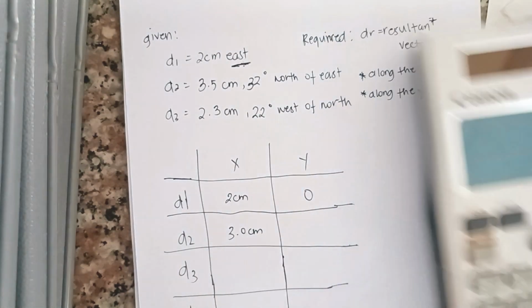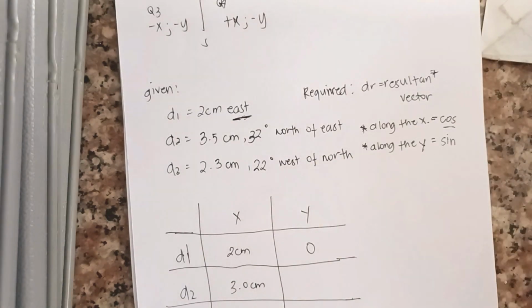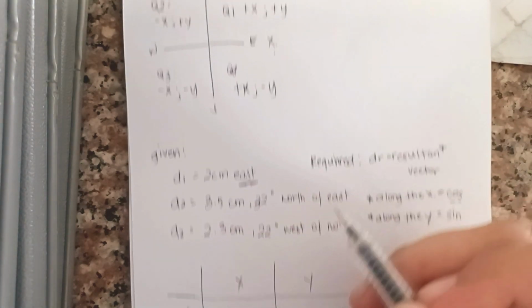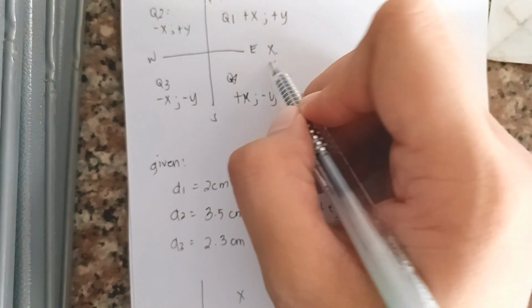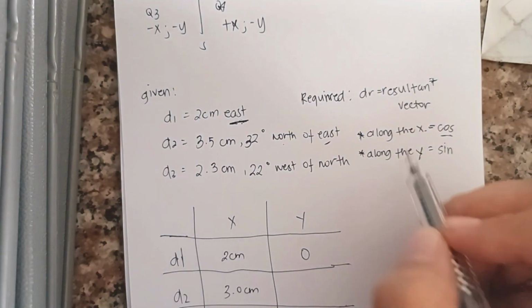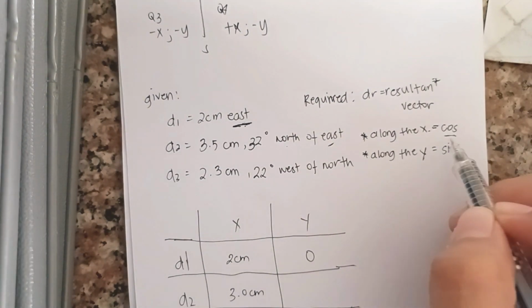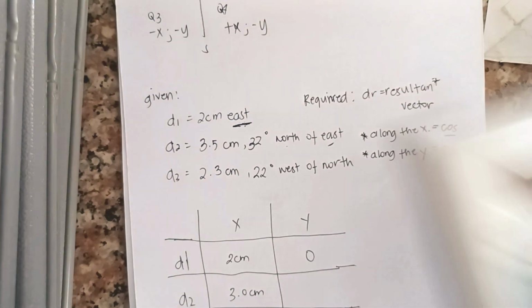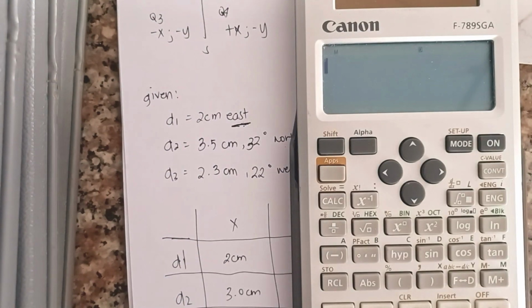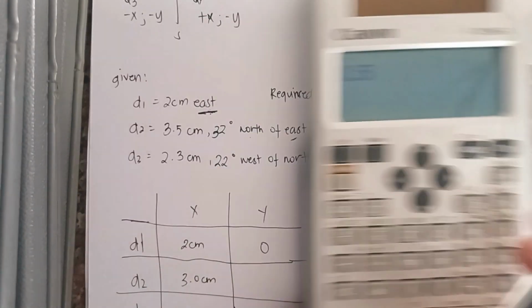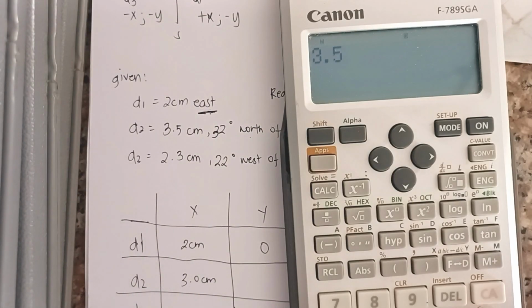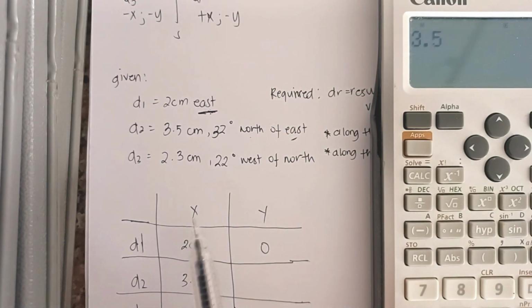Okay? Again, kasi ito po ay north. Ito po ay meron siyang east. So, meron siyang x-axis. Kapag x-axis along the x, gagawin natin ay cosine. Again, paano nakuha? 3.5 centimeter. And then, 32. So, along the x muna tayo.